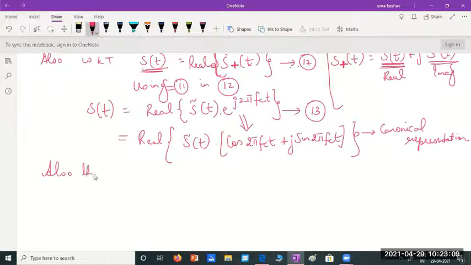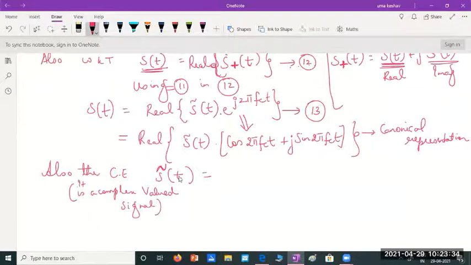The complex envelope S tilde of t can be written as, remember, this is also a complex valued signal, also known as an analytical signal. Can you tell me how we represent a complex valued signal? It will always have a real part and an imaginary part.